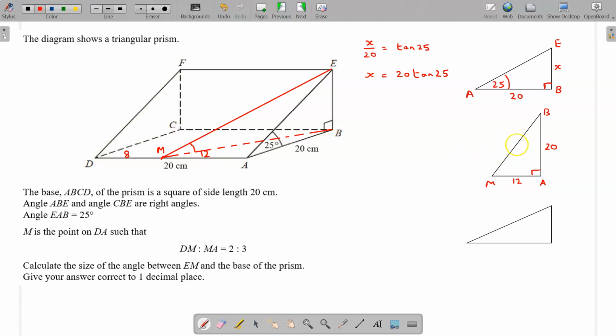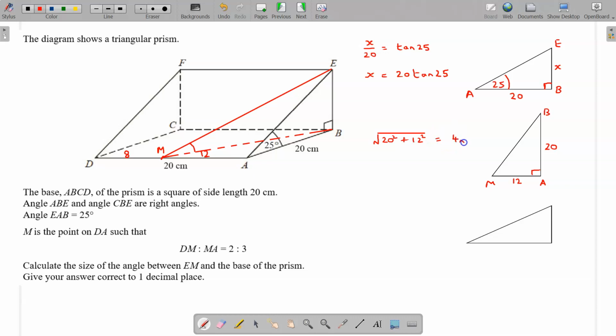Well, if you do 12 squared plus 20 squared, square rooted, I'll just show that here. So 20 squared plus 12 squared. If you square root that and simplify it as a surd, you get 4 root 34.